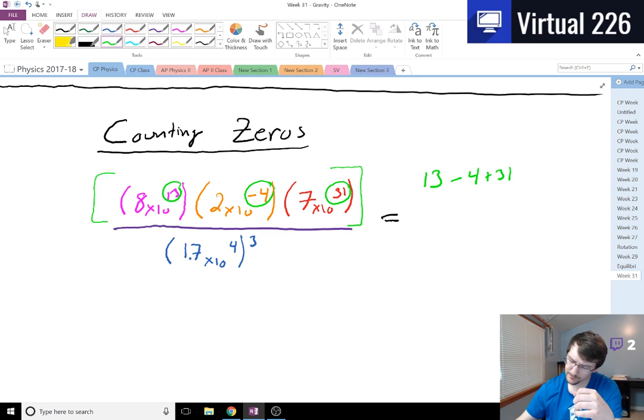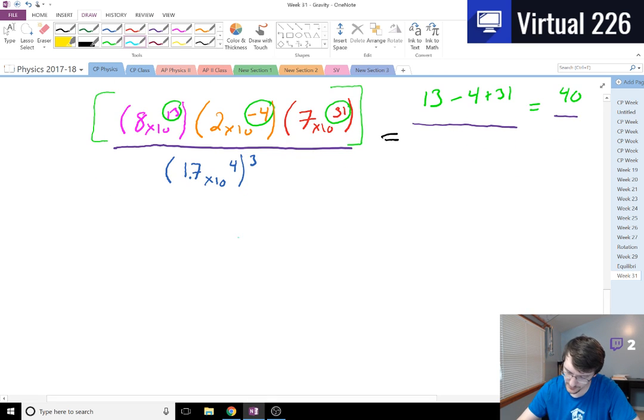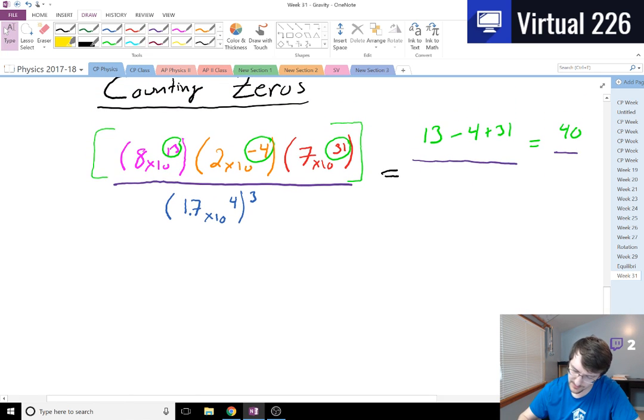So 31 minus 4 gives me 27. 27 plus 13 gives me 40. So there are 40 zeros right now after whatever our number is, okay? But we need to divide that by the number of zeros in the denominator. In the denominator, we have times 10 to the 4th, but that value is cubed.